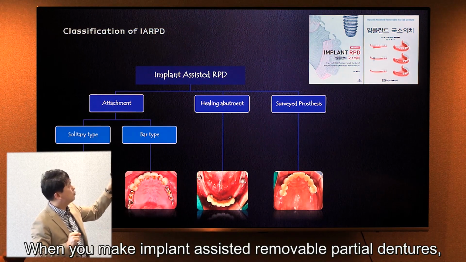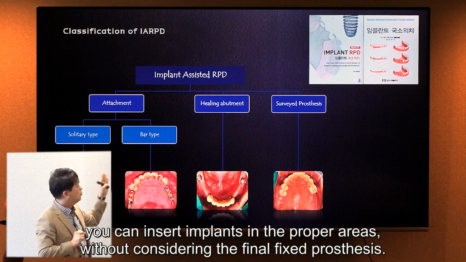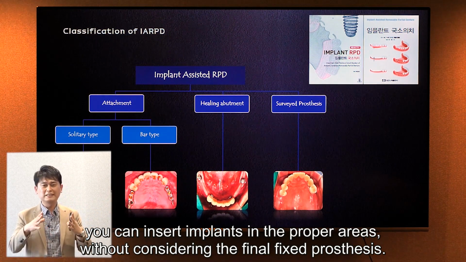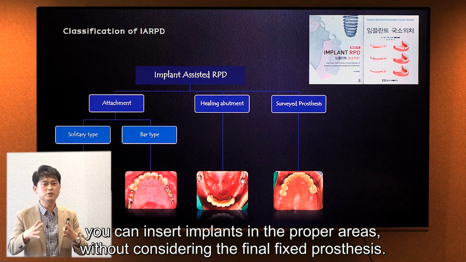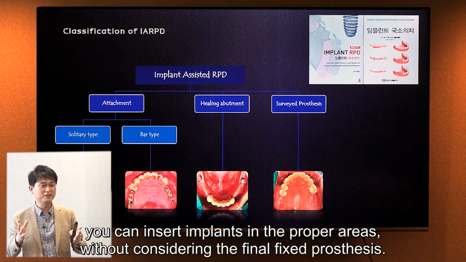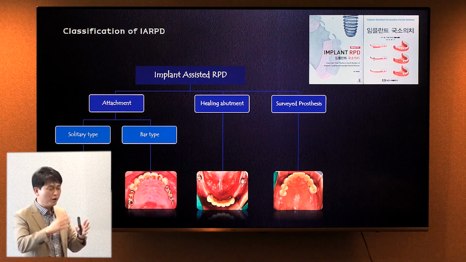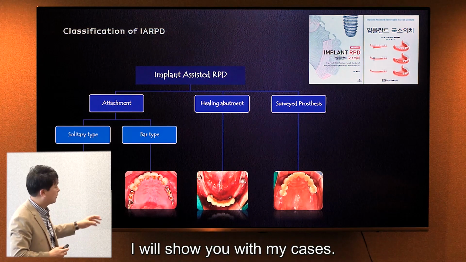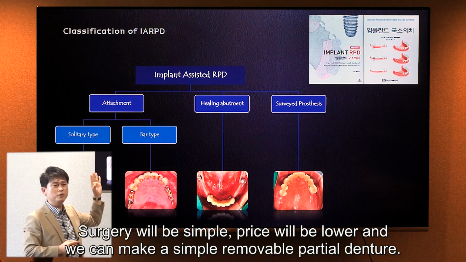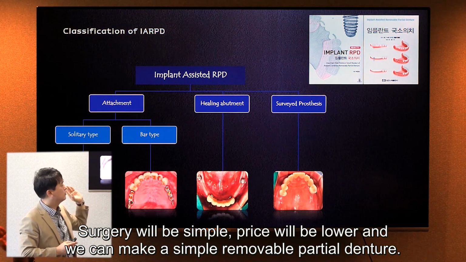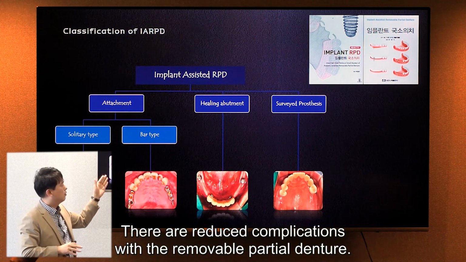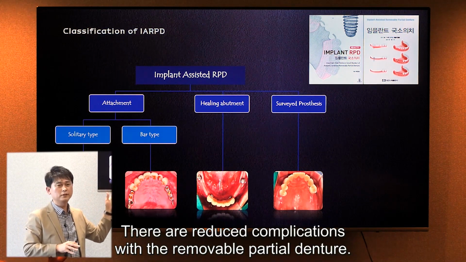When you make the implant-assisted partial denture, you can insert implants in a proper area without considering the fixed prosthesis. I will show this with my cases. Anyway, surgery will be simple, the price will go down, and we can make a simple removable partial denture. There are few complications of removable partial denture.